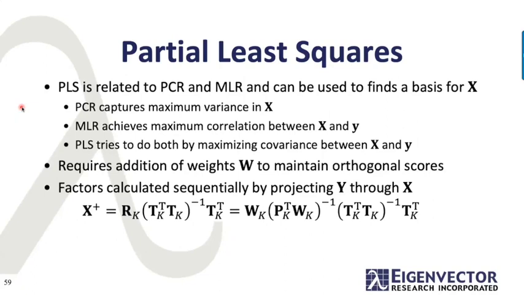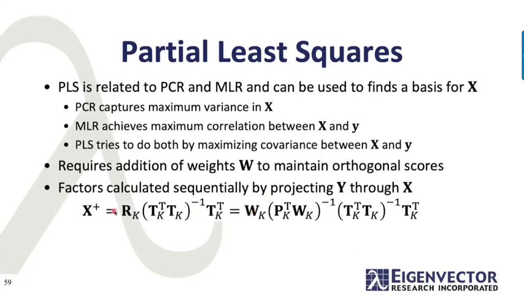It winds up with this rather messy looking pseudo inverse. The sort of classic way to write it is this. You still have a part that has to do with the scores. And this part is a rotation matrix, if you will, and it's the weights that actually bring you back into original variable space in PLS.